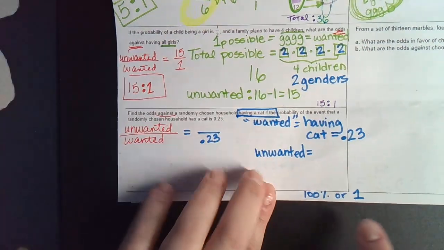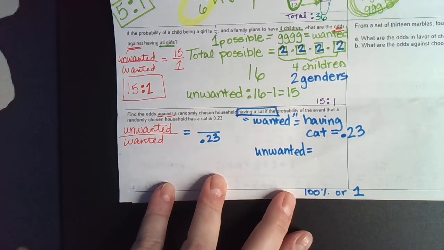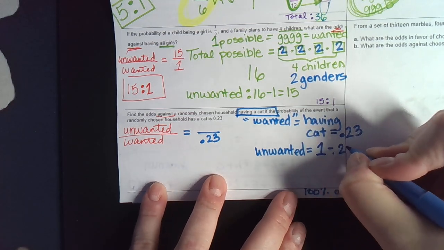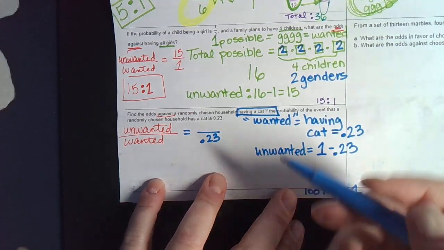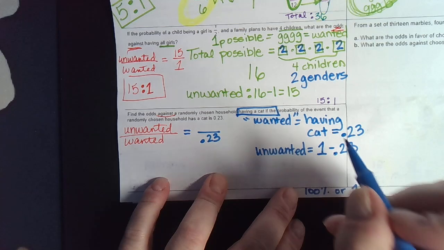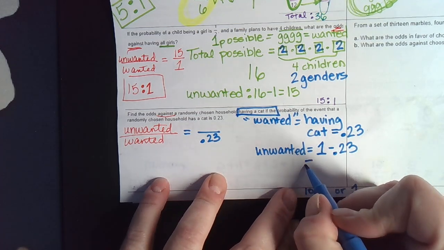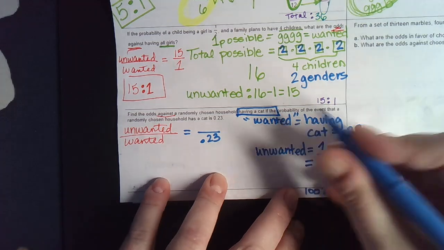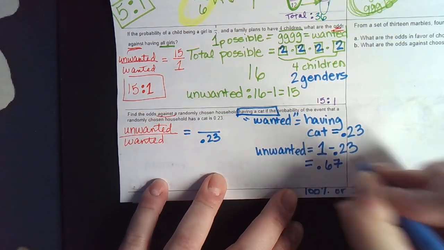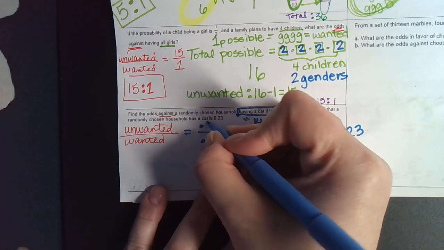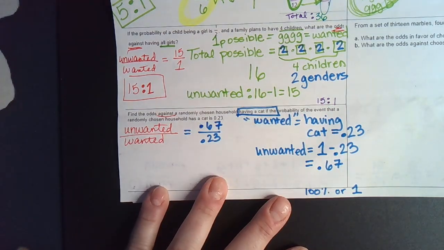And since the biggest probability we could ever have is 1, we're going to say 1 minus 0.23. Because this means if you got a 0.23 chance of having a cat, and whatever this is of not having a cat. And this would be 0.77. Okay, so we throw those on top of each other into this formula.